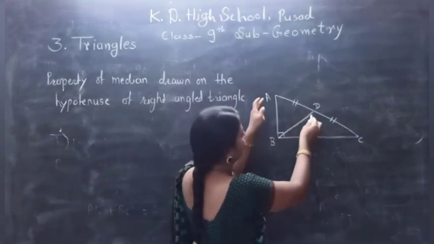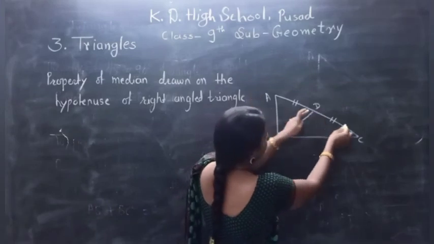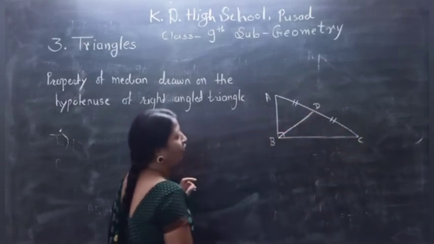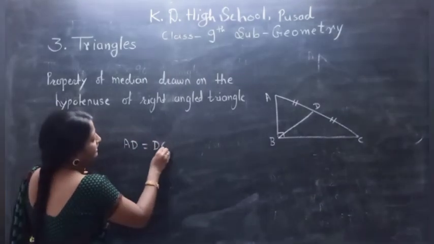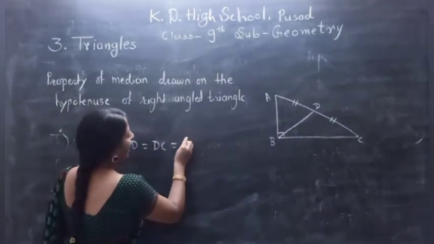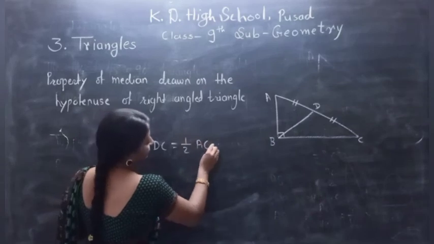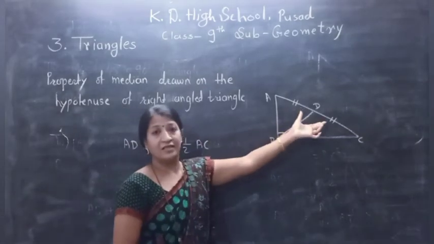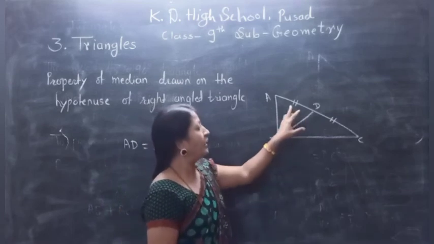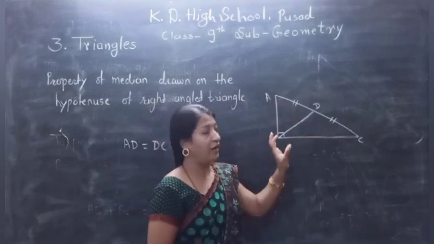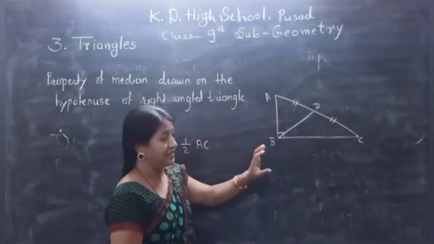If we measure the length of segments AD and DC, we observe that AD is equal to DC is equal to half of AC. This is clearly visible here; it is a midpoint, so it divides the segment into two congruent parts, it means AD is equal to DC, and naturally it is half of AC.